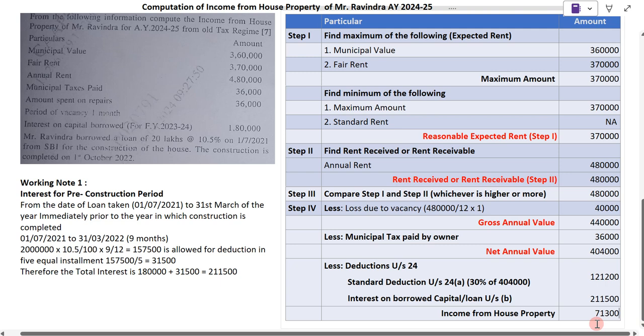How much is the income from house property? 71,300. In this way you have to compute the income from house property. So basically this is the solution or the correct answer for this example. I hope students you have solved this example in this way, and the final answer which you have got for income from house property is 71,300.